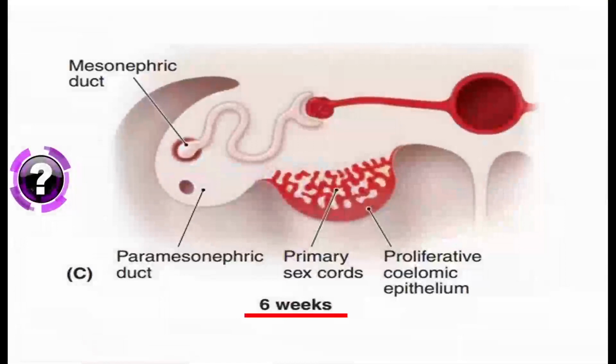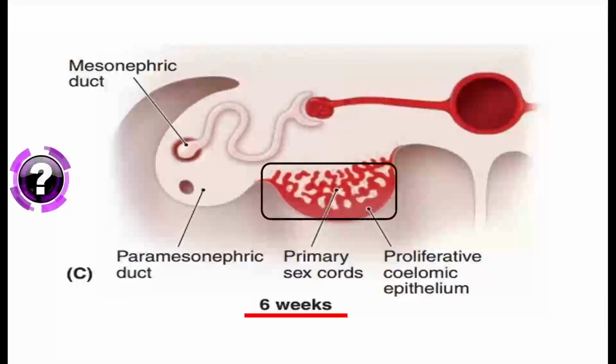In week 6 of intrauterine life, we are looking at the genital ridge, and we can notice that these red areas are due to proliferation, that is growing into and expanding epithelial cells from the yolk sac.